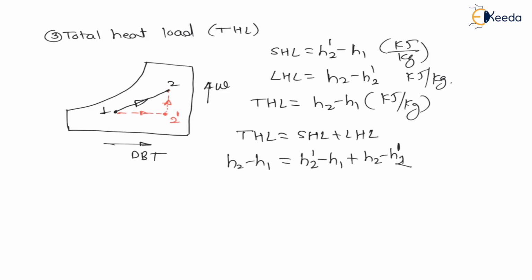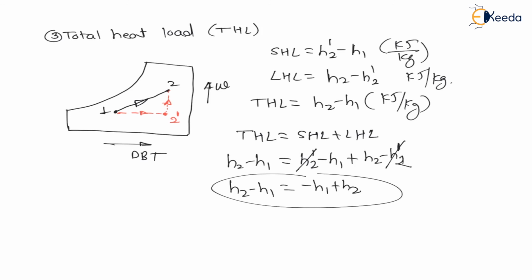Now here h2 dash will get cancelled, therefore the result will be h2 minus h1. Therefore h2 minus h1 is equal to minus h1 plus h2. Same we are writing here. Therefore the total heat load is nothing but sensible heat load plus latent heat load, right? This is very important, my dear students, for competitive exams, from an objective point of view.